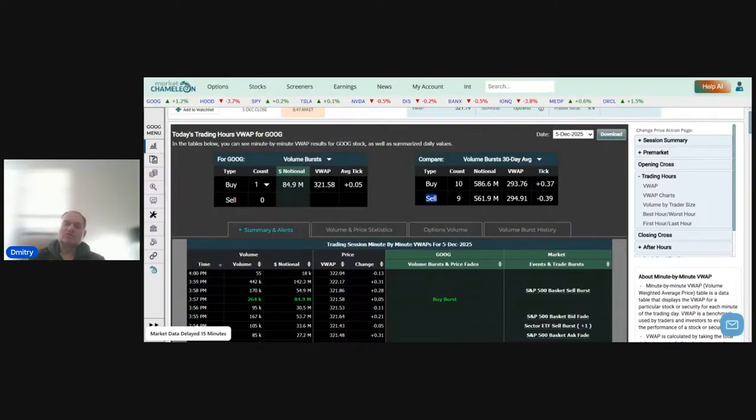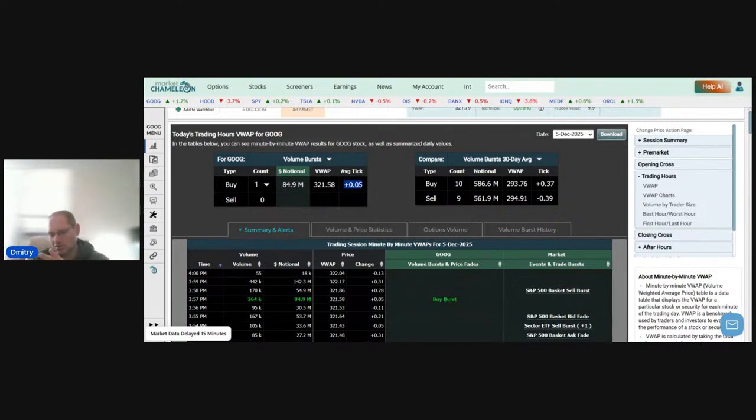You can see an average of about 586 million on a day on the buy, 561 on the sell. So this was a small burst. It was the only one that happened the previous day. And another thing here is that we could see the price impact wasn't that great.